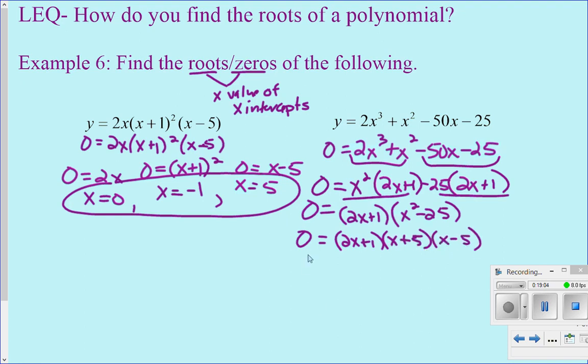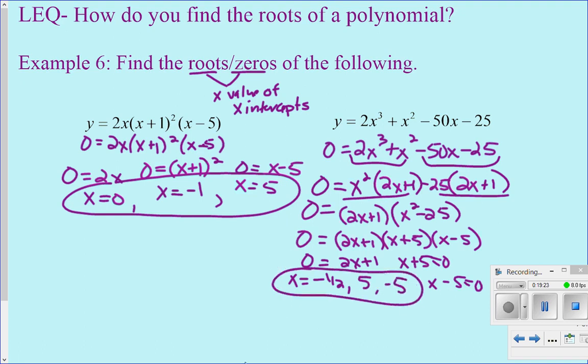And now I'm ready to solve for x by setting each of those factors equal to 0. And I should be getting x is equal to -1/2, +5, or -5. Now again, those are the roots and the zeros. I'm not going to write those as coordinate points.